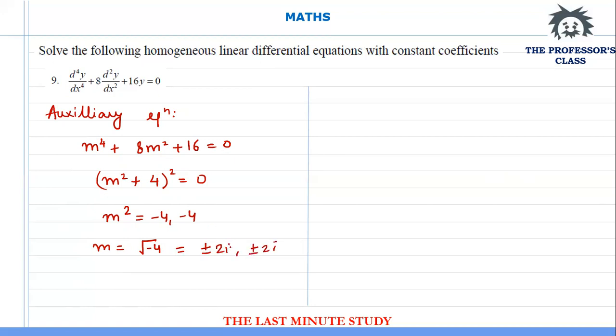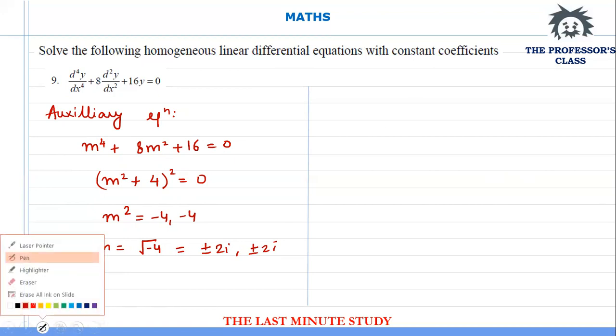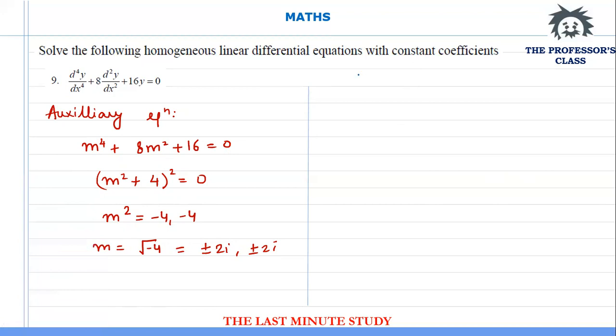Now this thing is being repeated two times. So the equation will be written accordingly. You might remember from the last question that if the number is repeating itself, we write down c1 plus c2 times x e to the power mx. Now over here, this thing will be repeated twice because we have m1 as well as m2, and that to an imaginary number. So this will be cos as well as sine.